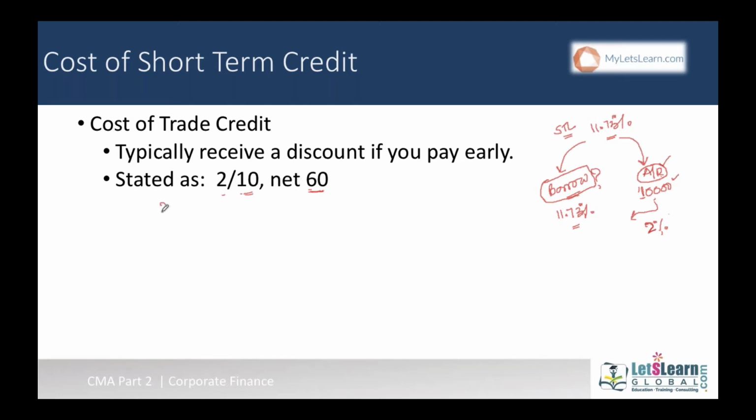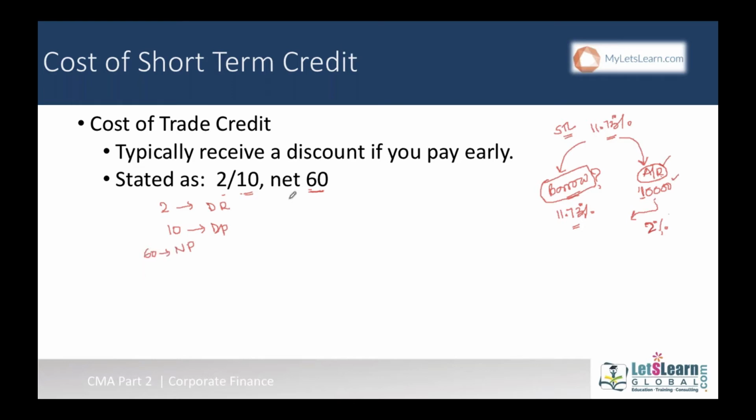So here the discount rate is 2%, and this 10 I used here is the discount period, meaning 10 days from the date of sale, and the net period here is 60 days.